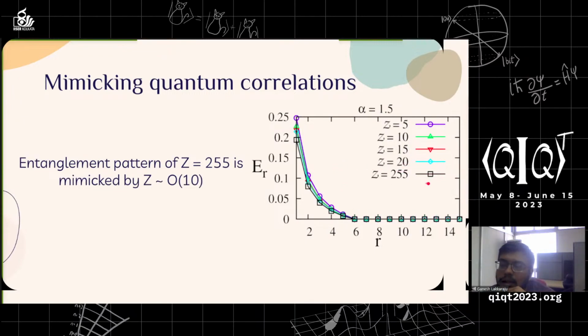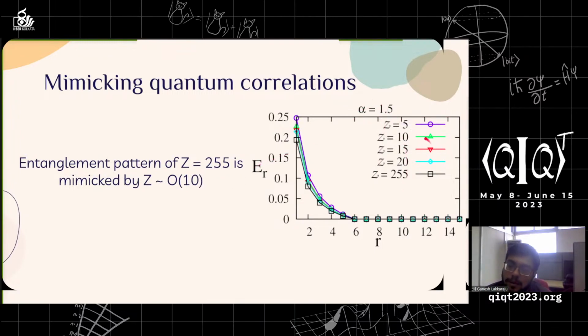This is only possible in the quasi-local regime of alpha, which is what I have shown before, that when alpha is between 1 and 2 only, then the model has this property, in that it can mimic the properties of a fully connected system by a finite connection range. That is, the entanglement pattern of z equal to 255 is mimicked by z of the order of 10.